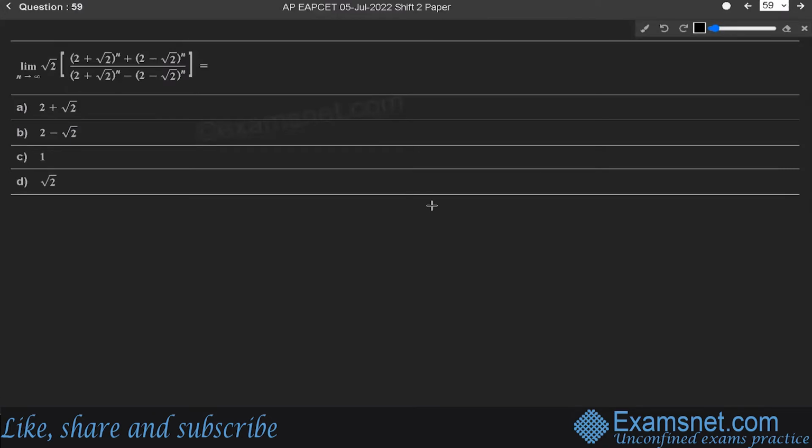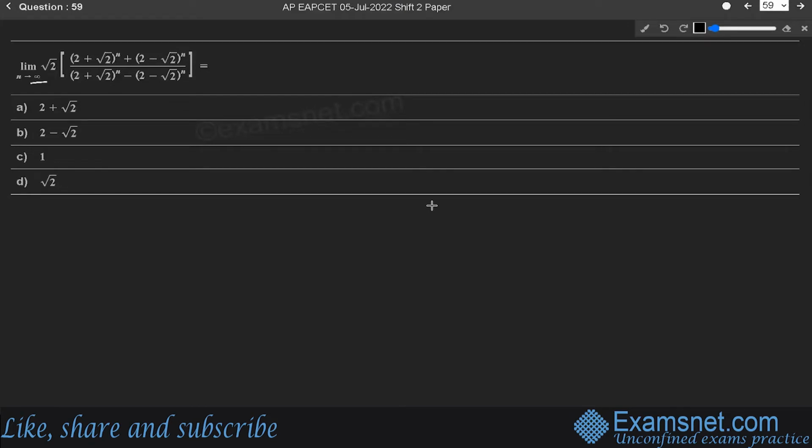Next question is limit n tends to infinity of root 2 into (2 plus root 2)^n plus (2 minus root 2)^n divided by (2 plus root 2)^n minus (2 minus root 2)^n. On applying the limit which is infinity, this will be infinity by infinity form.